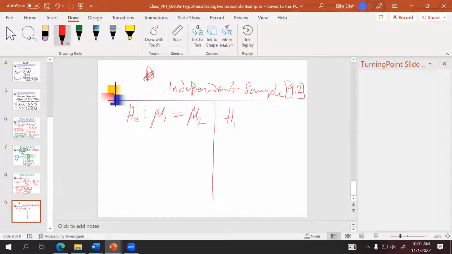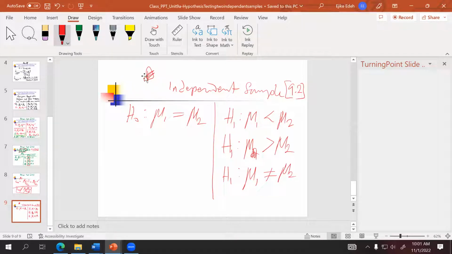I could claim that the group 1 mean is less than the group 2 mean. I could also claim that the group 1 mean is greater than the group 2 mean. And lastly, I could claim that I don't know which is greater or less.